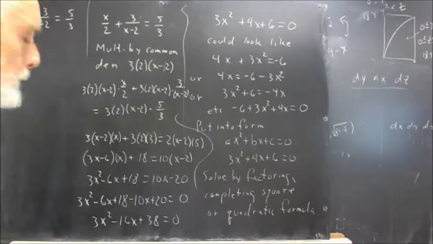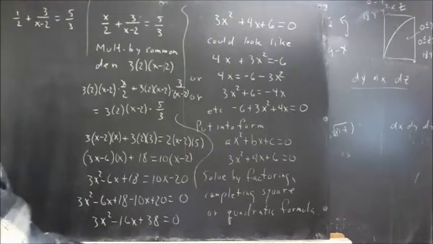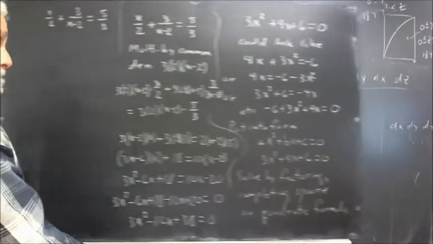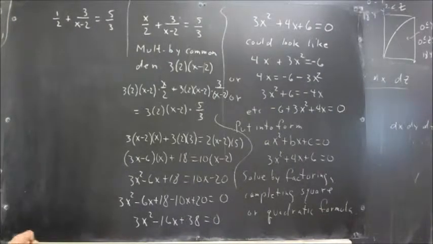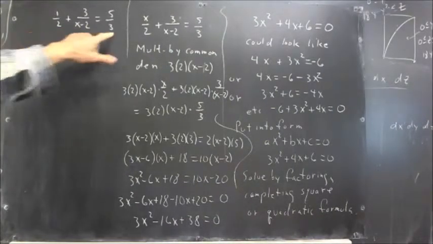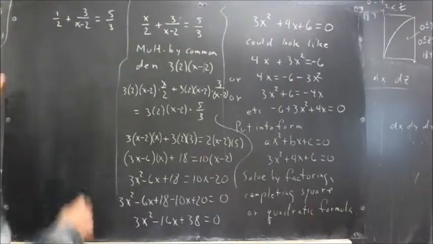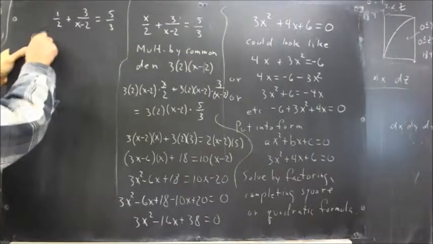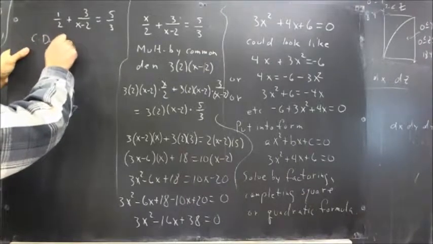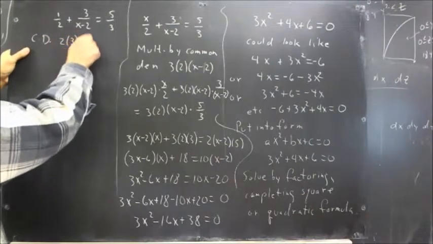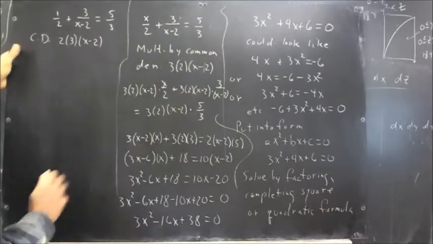Okay? Now, not every equation that you might get in this particular problem is quadratic. This equation looks a whole lot like this equation, but if we multiply by the common denominator, in this case is going to be 2 times 3 times x minus 2, just as it was before.